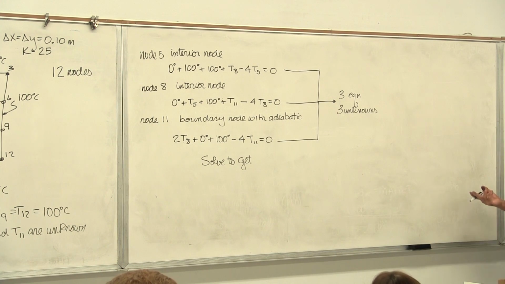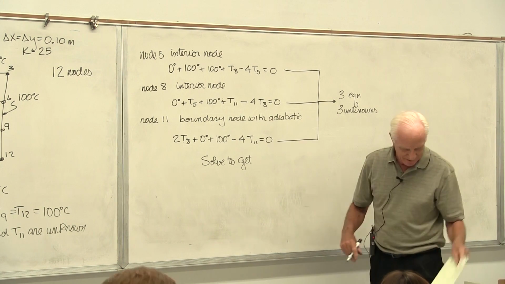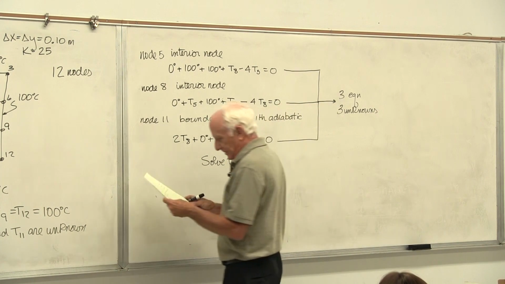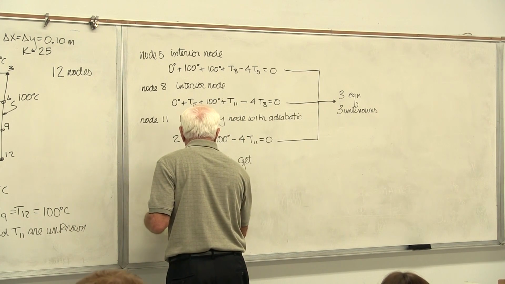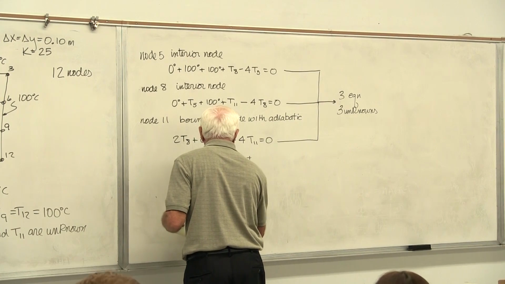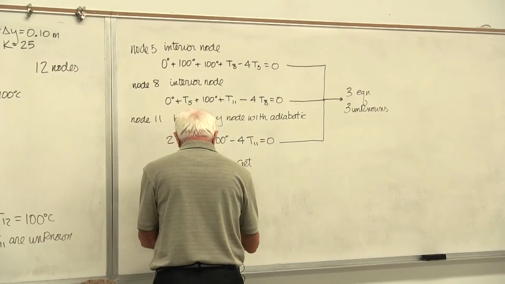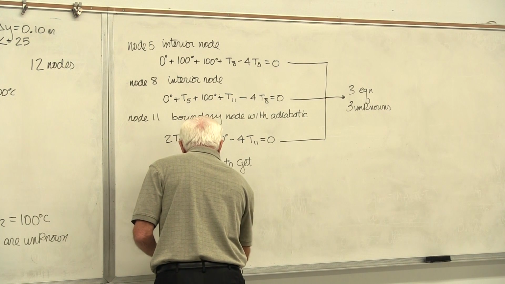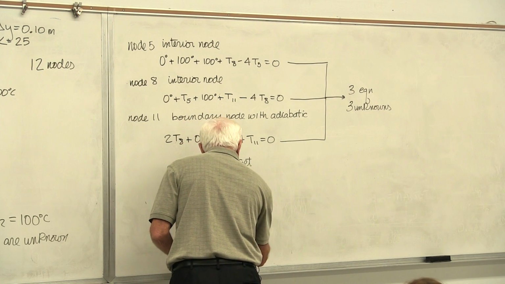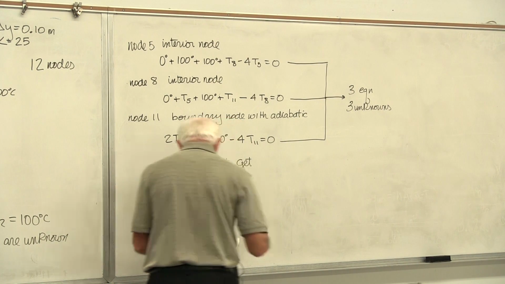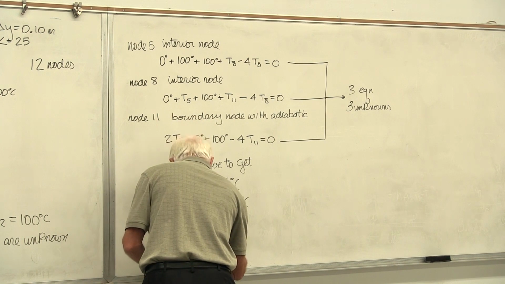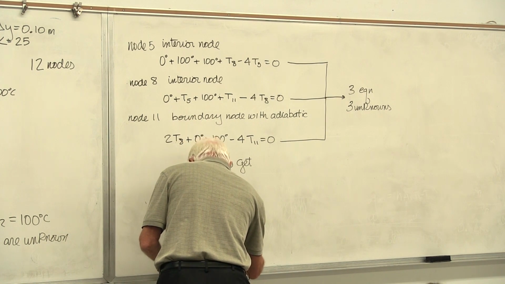Solve for the 3 unknowns. Bam, bam, bam. T5, 63.5. T8, 53.8. T11, 51.9.